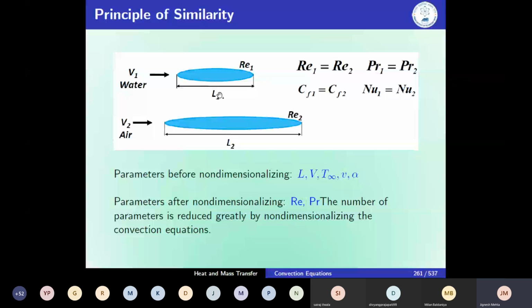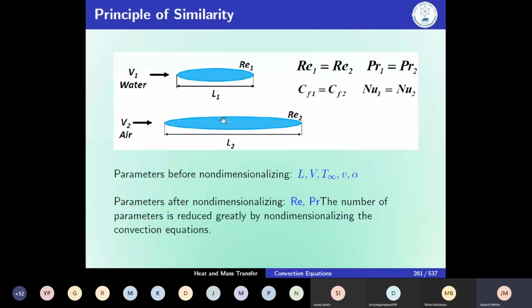Let's say in one case water is involved, in another case air is involved. You might try and experimentally find an equation for this, when you vary different parameters, let's say length or height or velocity or the fluid, you can perform a set of experiments.